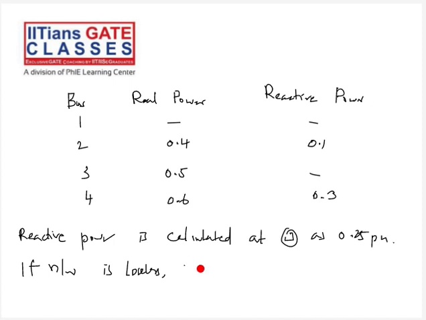So can you calculate and tell me what is P1 and Q1, given the system is lossless?